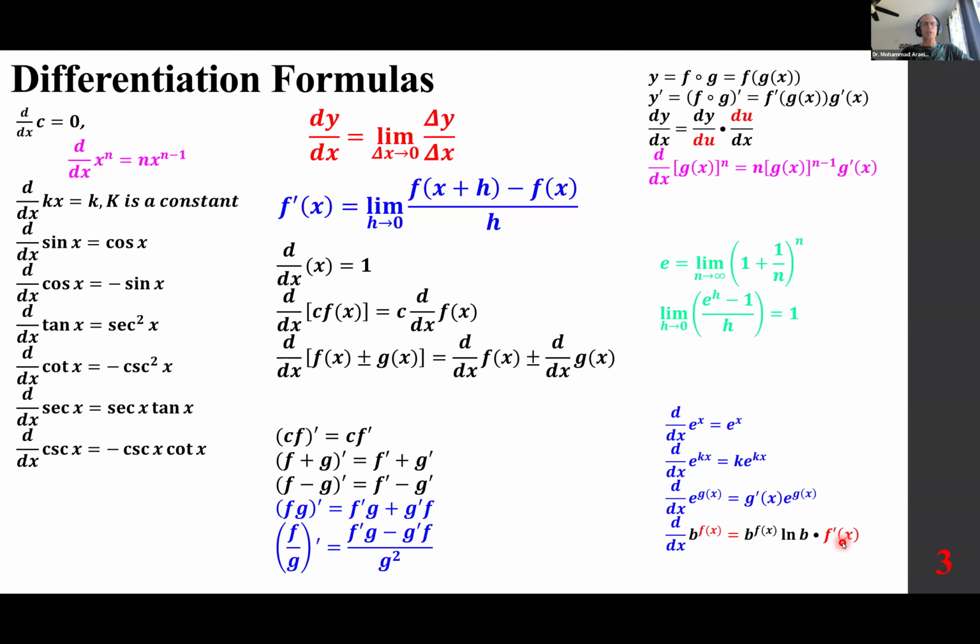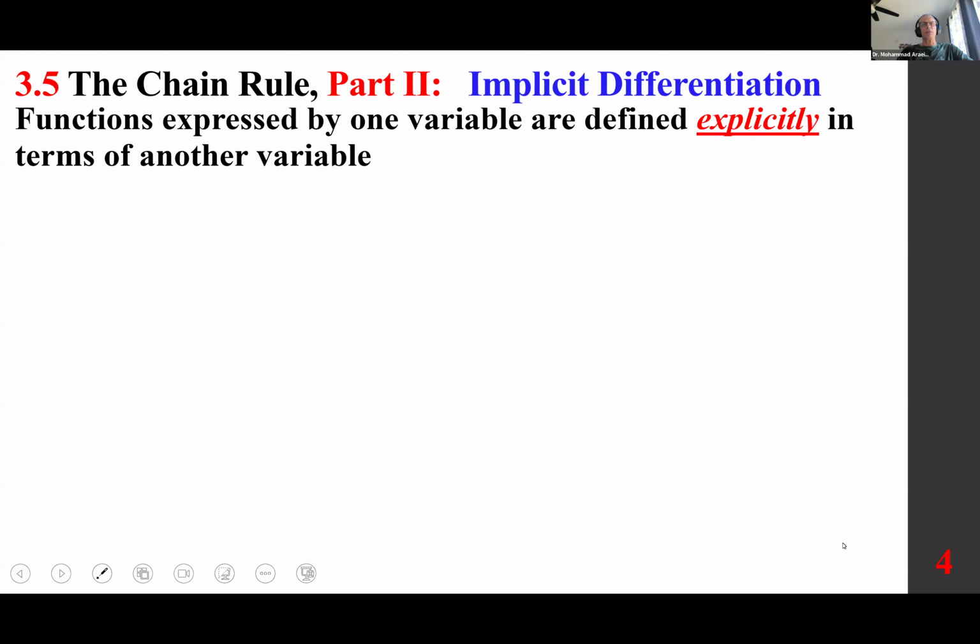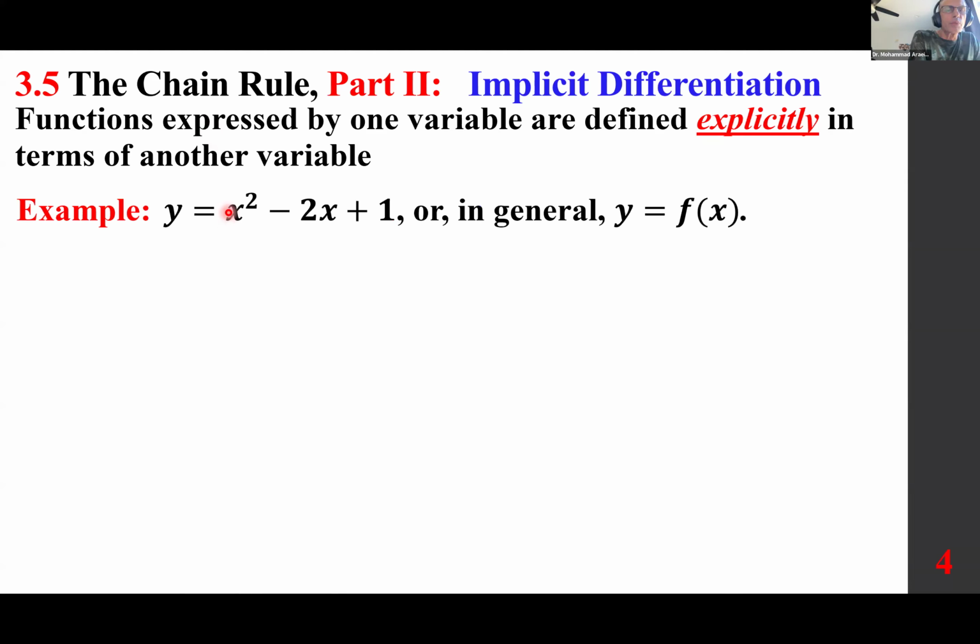And now, section 3.5, the chain rule, and more specifically, implicit differentiation. Functions expressed by one variable are defined explicitly in terms of another variable. For example, y equals x squared minus 2x plus 1, or in general, y is f of x.